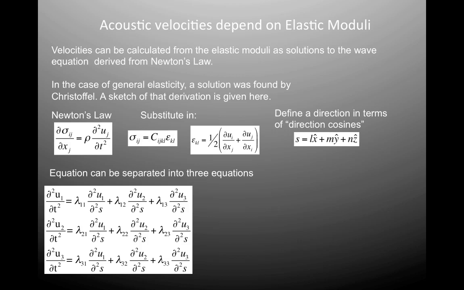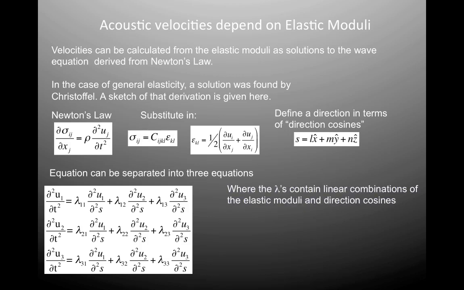On the right hand side we have second derivatives of the displacement with respect to our propagation direction, and the linear term lambda multiplying those derivatives organizes itself into a 3x3 matrix. The lambdas contain linear combinations of elastic constants and direction cosines.